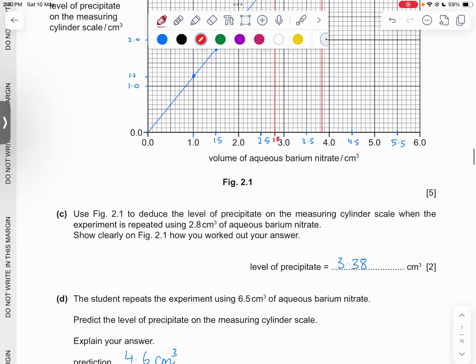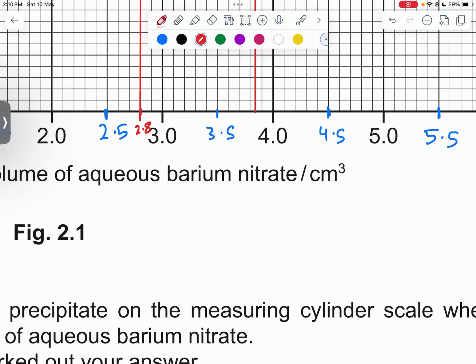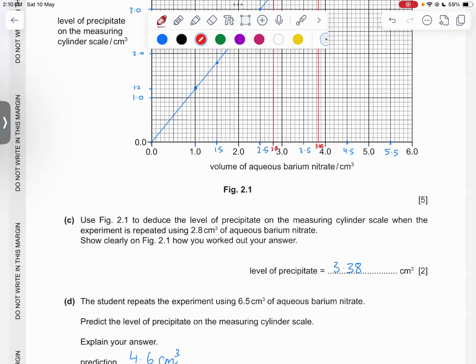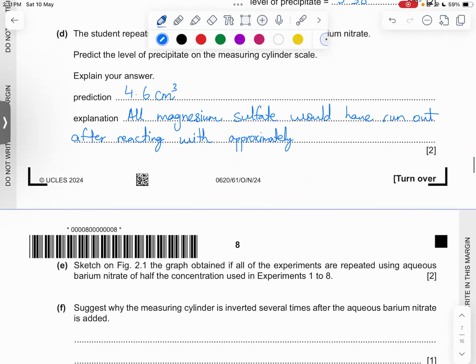At roughly 3.5, 3.6, 3.7, 3.8, at roughly 3.85 centimeter cube of barium nitrate, Ba(NO3)2. Right, son? You're asking, you did not understand?